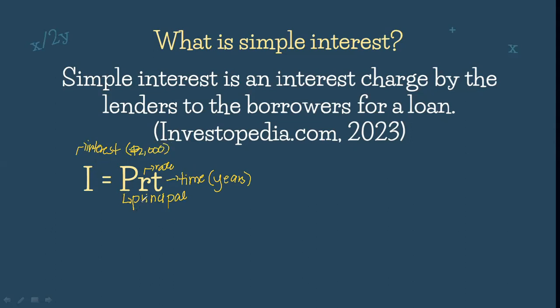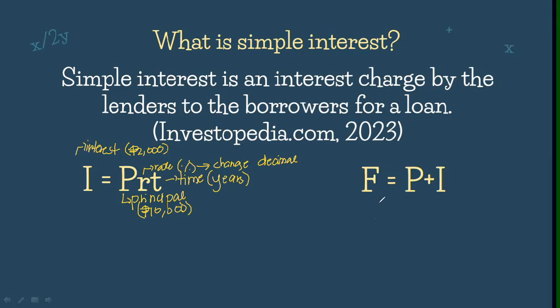At yung principal niya is yung hiniram mo talaga, so that is 10,000 pesos. Ngayon, meron pa siyang zero dito. Ayun yung rate kung ilan nga yung percent. So usually dito, percent po siya. At minsan dahil naka-percent siya, kailangan mo siyang i-change into decimal form. Change into decimal lagi.